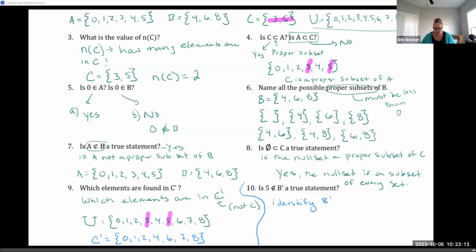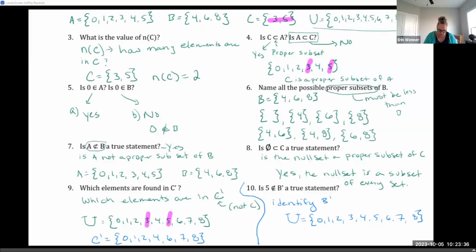So if we look at B complement, here is my universal set. And we know that B is equal to the numbers 4, 6, and 8.